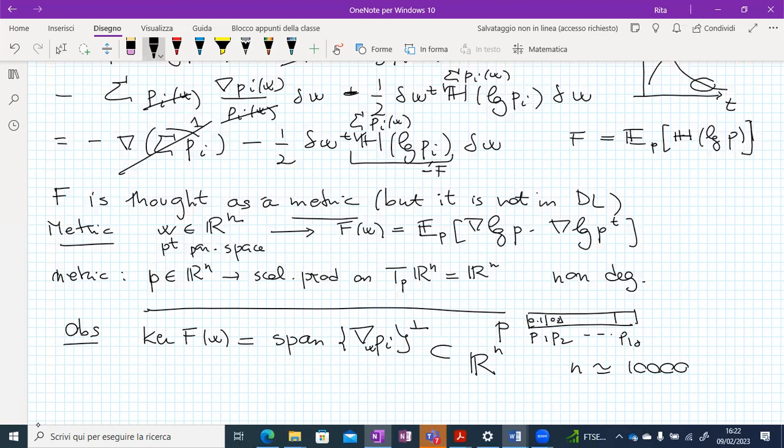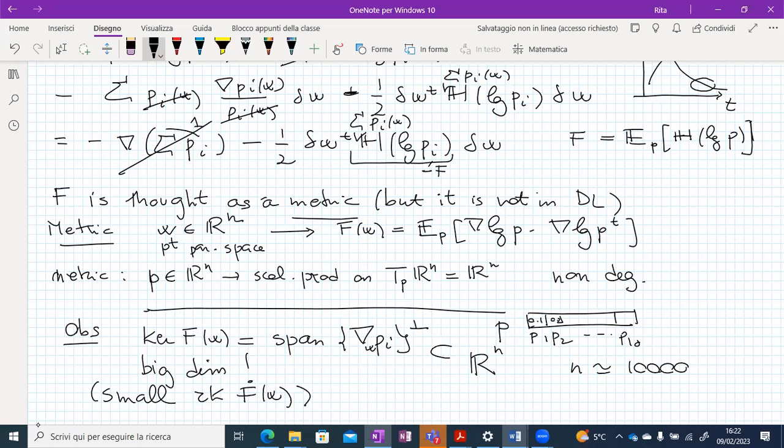So this is telling you that the kernel is something huge, because you have the orthogonal of a 10-dimensional space, so it's 9,000. This is a big dimension, and a small rank of F. The rank-nullity theorem: the dimension of the rank plus the dimension of the kernel is the whole thing. So, I mean, it's very bad.